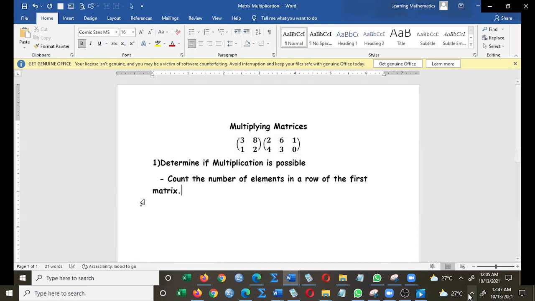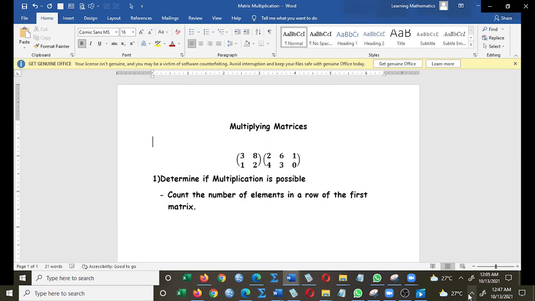Okay, so let's label what we mean by matrix 1. That first matrix you see there, reading from left to right, is matrix 1, and towards the right, it's matrix 2.